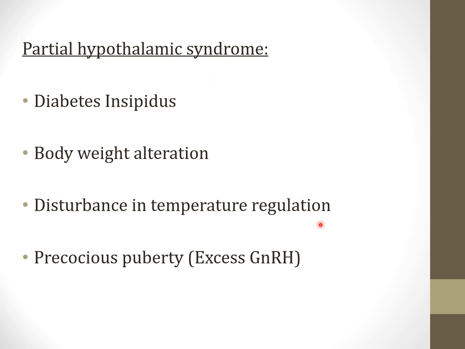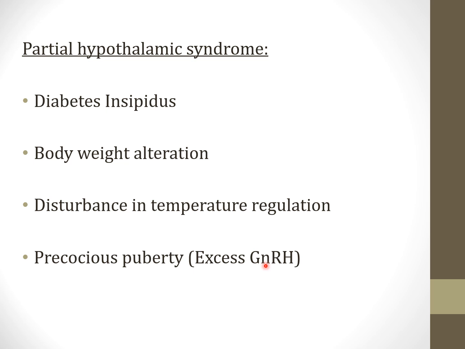Disturbance in temperature regulation. Again, there are two nuclei for temperature maintenance, and a lesion is going to cause hypothermia or poikilothermia. Then precocious puberty. Why is there precocious puberty?